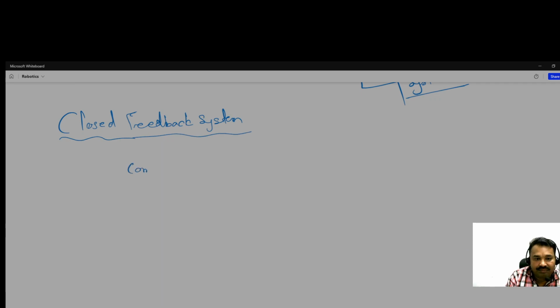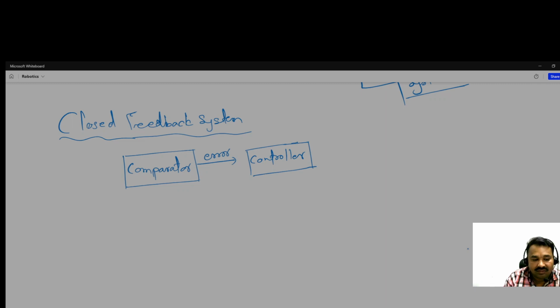Suppose there is a comparator, then error, then the controller, then the process, you can say the robot, then the output.